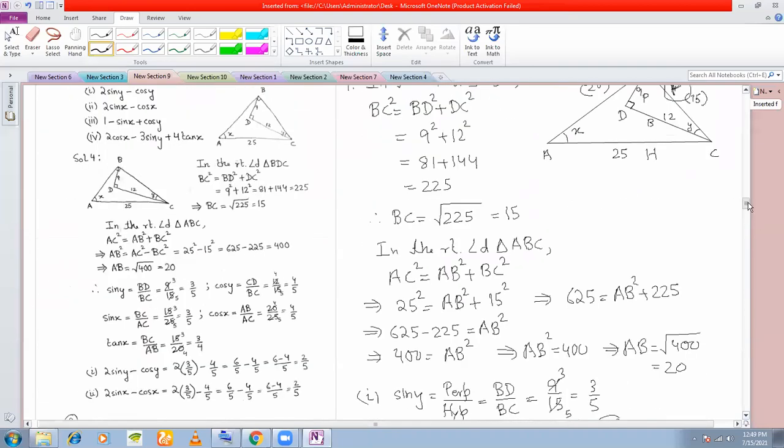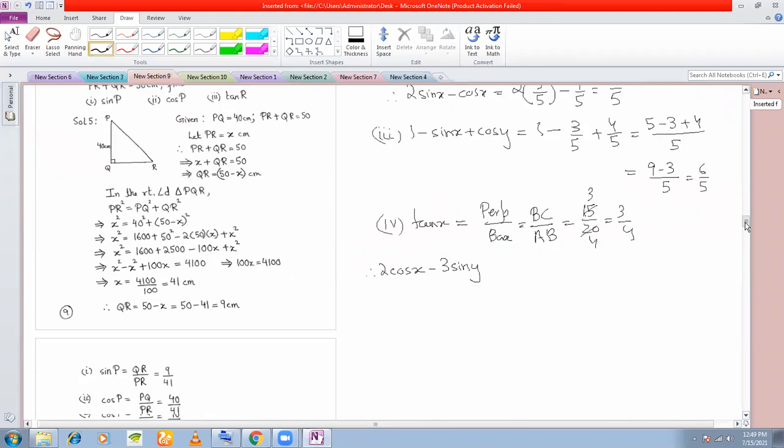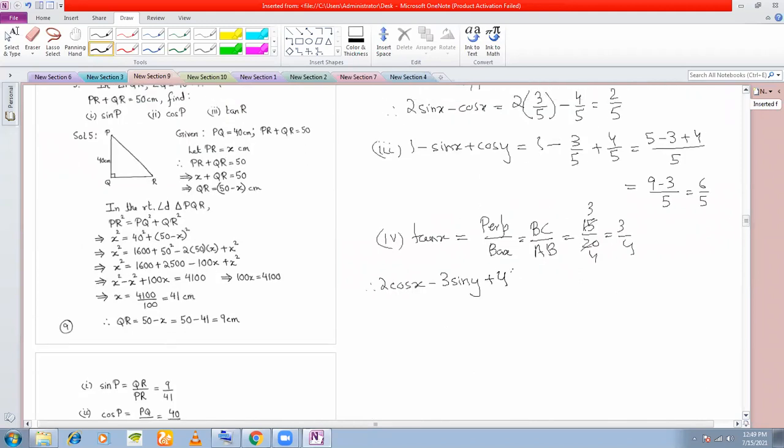So what is it that you have to find out now? You have to find out here 2 cos x minus 3 sin y plus 4 tan x. Let's put the values here now. 2 cos x. How much have we found cos x? Cos x we have found out above as 4 by 5.